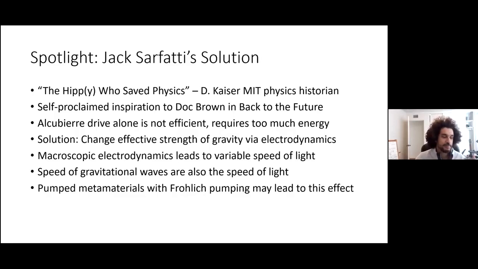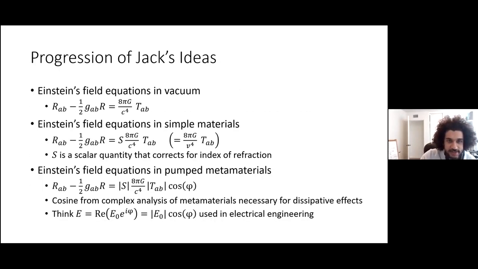So we need to revisit macroscopic electrodynamics and understand how to generalize general relativity into the macroscopic materials framework, because we understand that gravitational waves are just massless particles, just like photons. So basically, Jack's idea is that pumped metamaterials, there's this idea of Froehlich pumping, hope I pronounced his name right, could lead to these types of exotic effects.